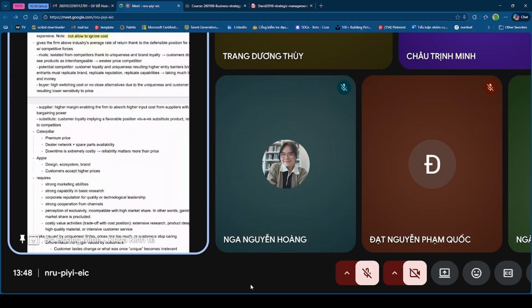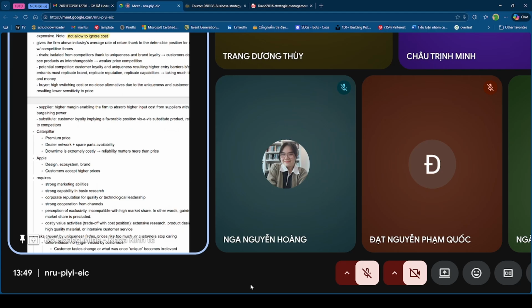Because the customers have brand loyalty. They are willing to buy products from some brand, even if the brand sells the product at a slightly higher price than the competitors.